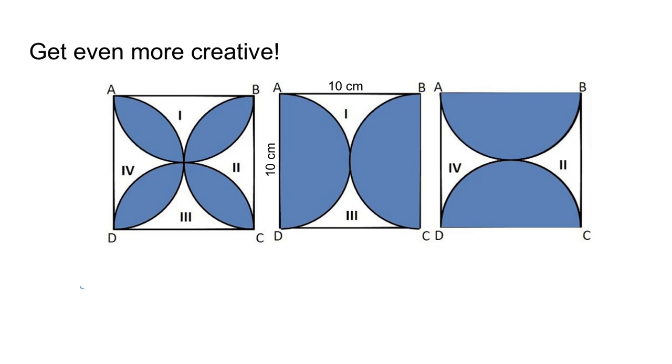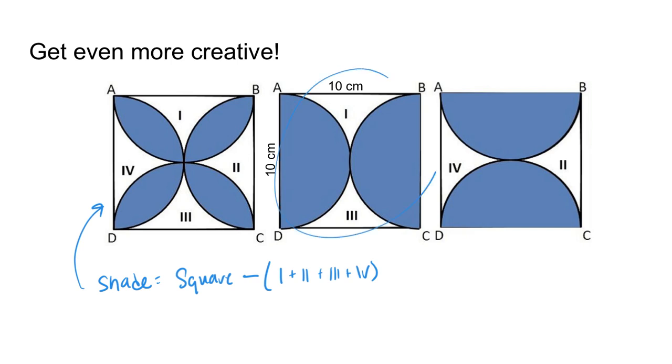This first shape right here, the shaded area, is the whole square minus area 1 plus area 2 plus area 3 plus area 4. So how can I find area 1, 2, 3, and 4? I'm going to find them using these shapes right here.